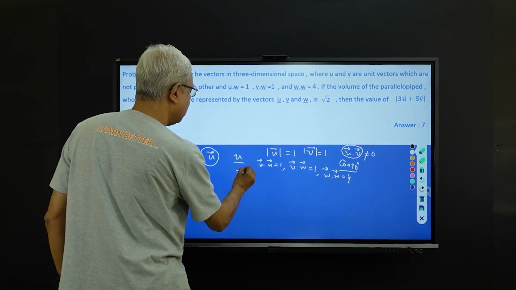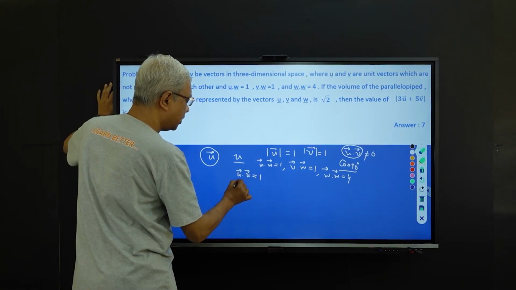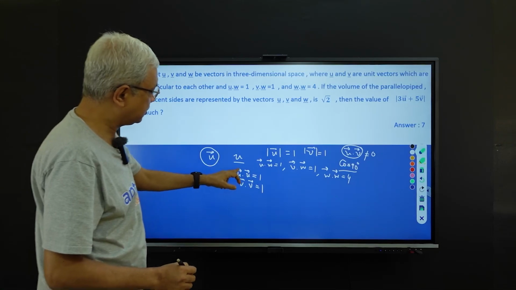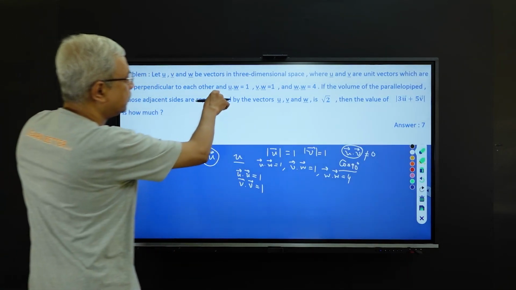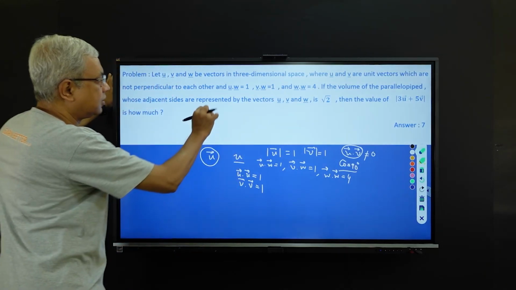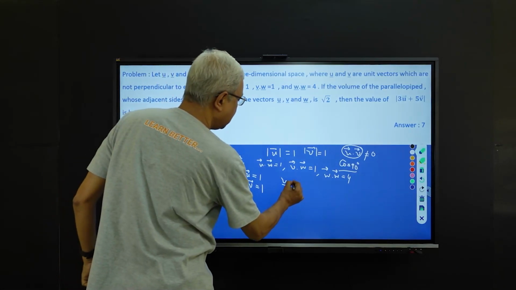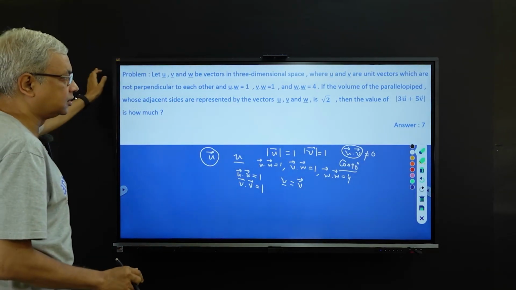Since u and v are unit vectors, u dot u is also 1 and v dot v is also 1. I will be using the arrow overhead symbol. Though in the question it is written with an underscore, like v, this is nothing but v vector. Same notation, same thing.